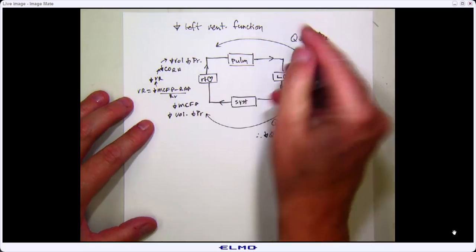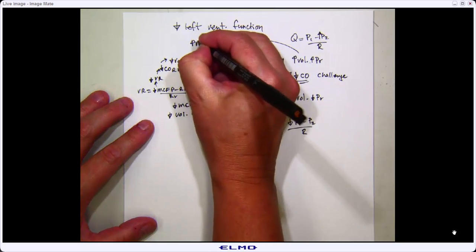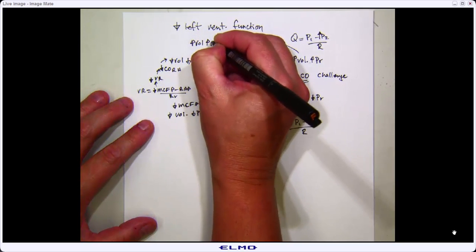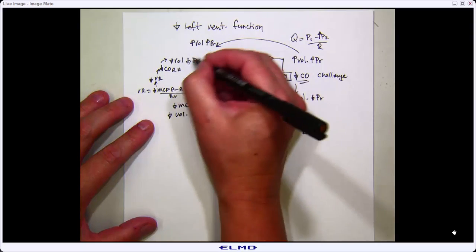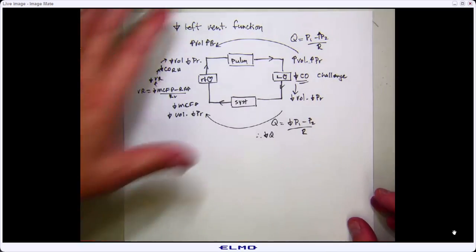So if I have a decrease in flow from here to here, I must have an increase in volume and an increase in pressure.